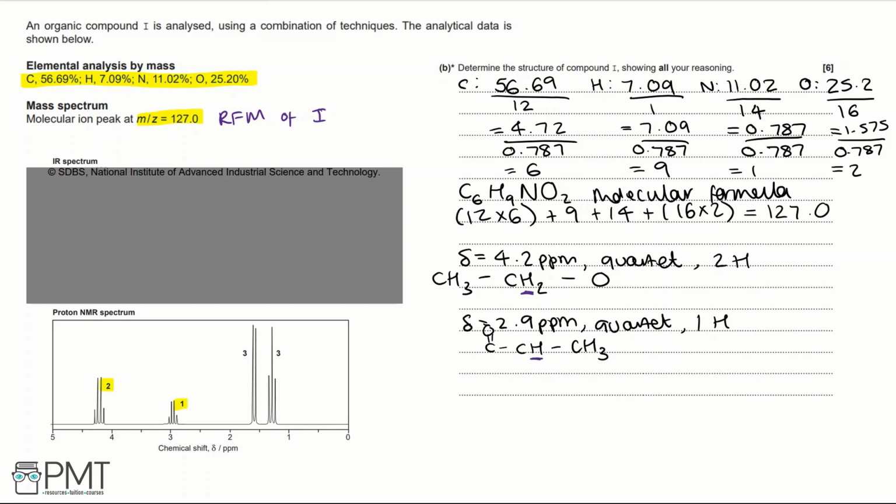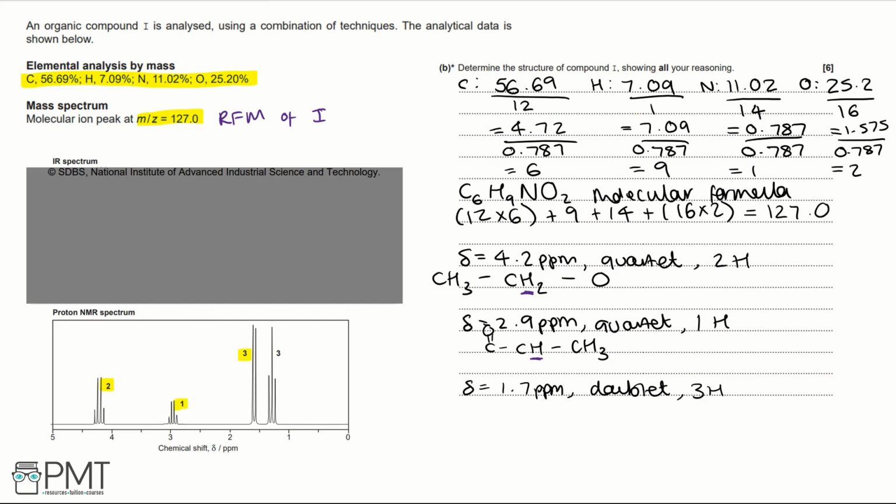So then moving on to when we have the first integration of 3. So this has a chemical shift value of 1.7 ppm, and it has a doublet splitting pattern because there's only 2 lines in this peak, and there are 3 hydrogens present. So this is the chemical shift value for when you have R and then CH.